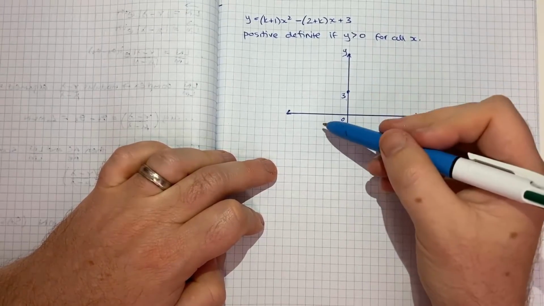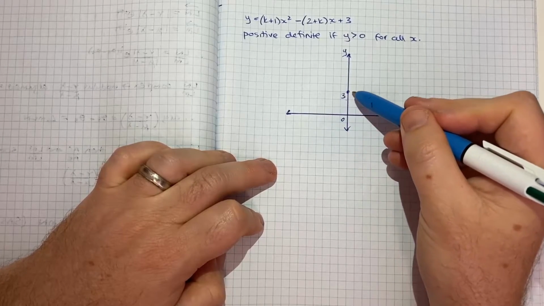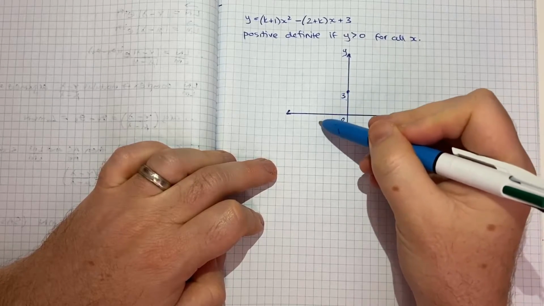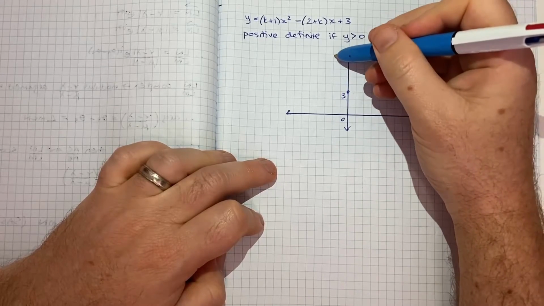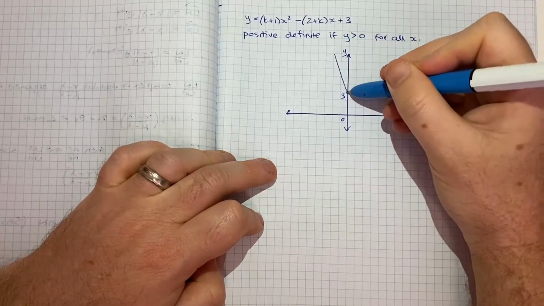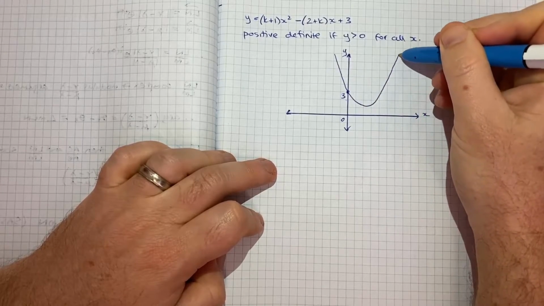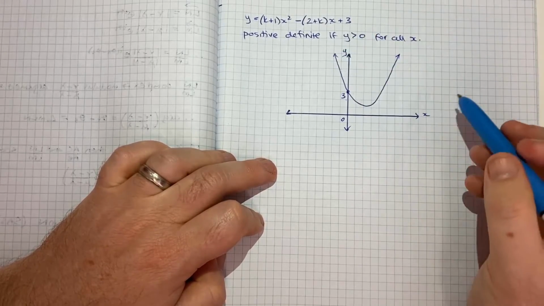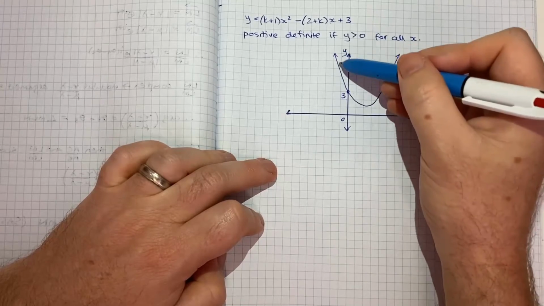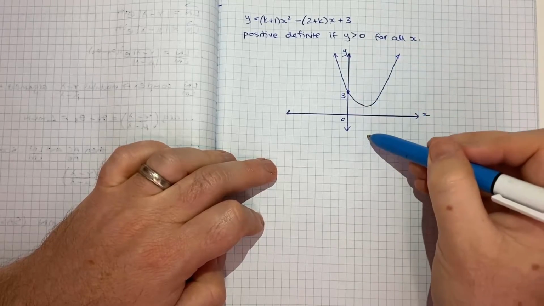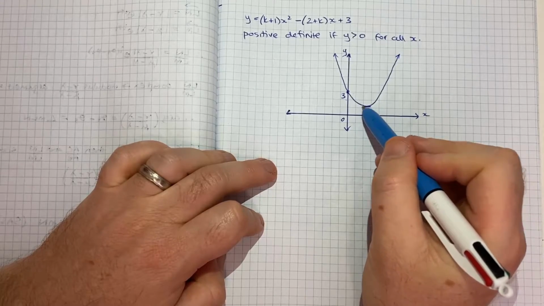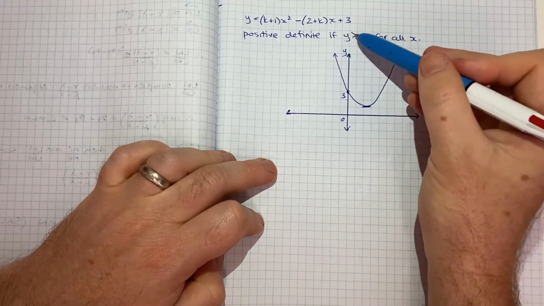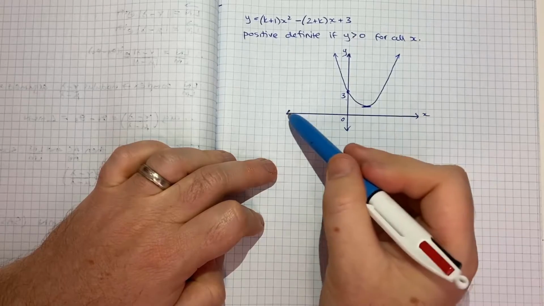Now, if this was a concave down parabola, then we wouldn't have y positive for all x, so we effectively need a concave up parabola. That's requirement number 1. But we also need to make sure that the vertex is not below the x-axis, and that way we'll also make sure that we're always positive for any value of x.